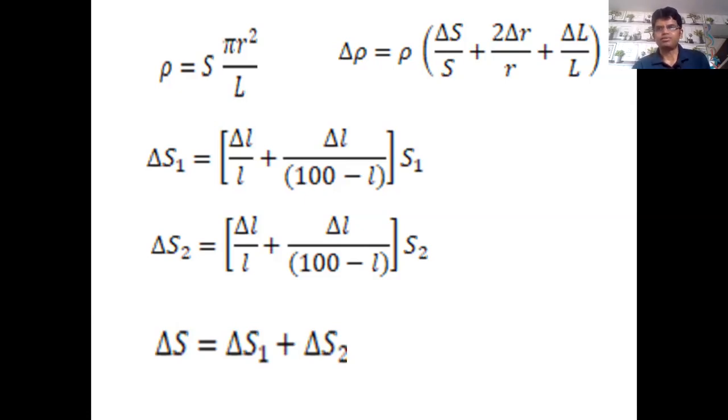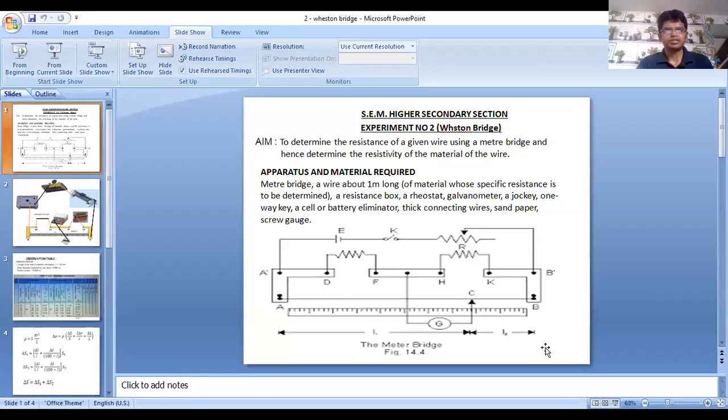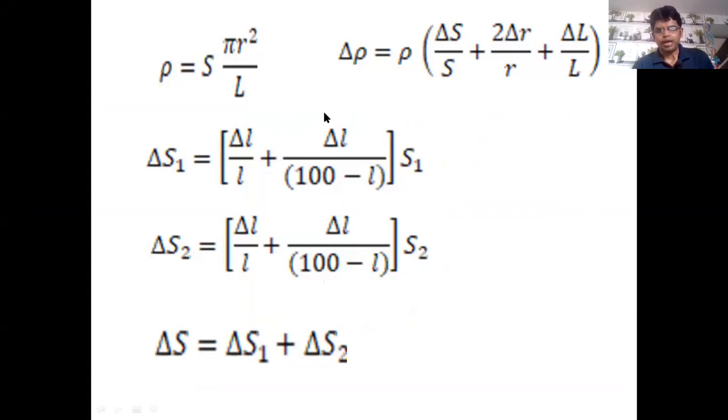You have the value of L from the table for S1 in the left gap, delta L again 0.1, and you have the value of 100 minus L. So you solve the equation to get delta S1. For delta S2 use the same equation, delta L by L plus delta L by 100 minus L, into S2. Finally delta S is equal to delta S1 plus delta S2, and then you find delta P.